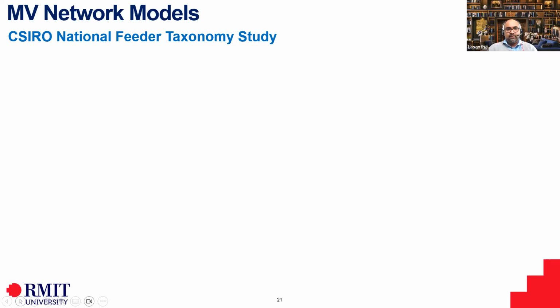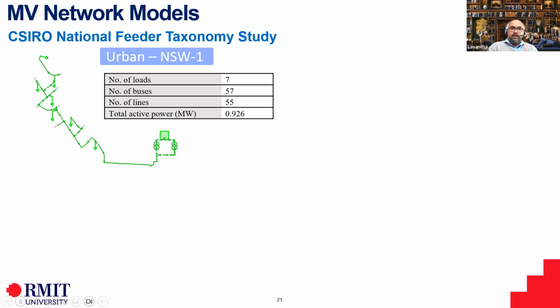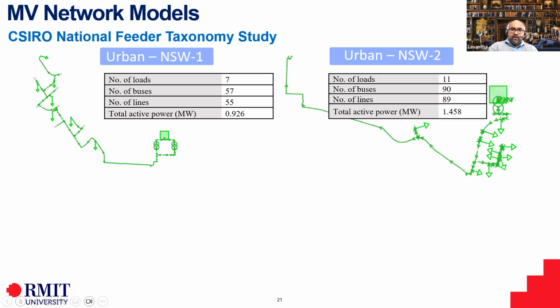So what we carefully did was look at their characteristics, and we shortlisted 4 network types from the taxonomy study. One was the urban New South Wales, 2 networks coming from the urban New South Wales. And you can see, even though these 2 networks represent similar urban settings, the capacities and the number of busbars and the lines are different.